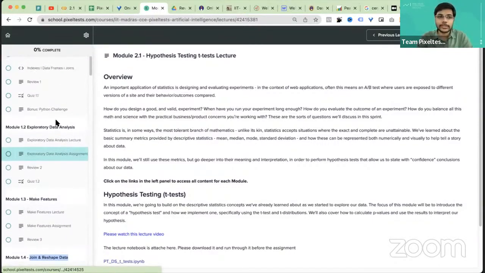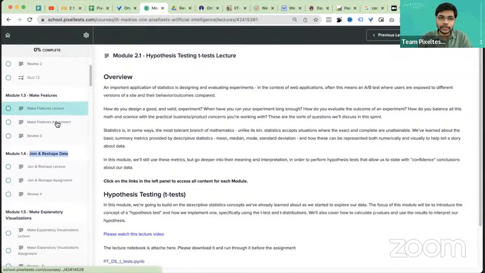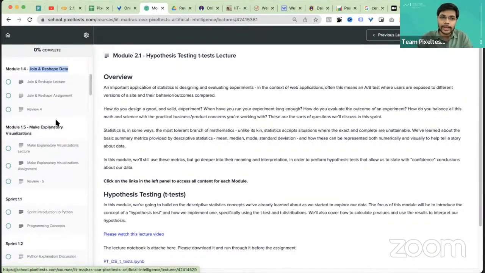In one of the lectures by Rajiv sir, we also covered the Seaborn library, the module, and all the different types of graphs. So I would request people who have joined here to also go through the explanatory visualizations, where you'll see a few common Seaborn graphs again.